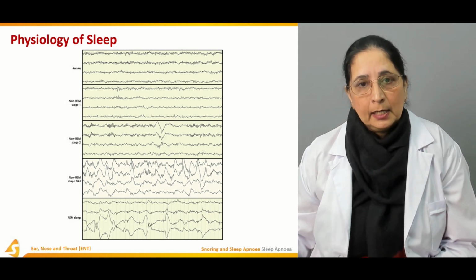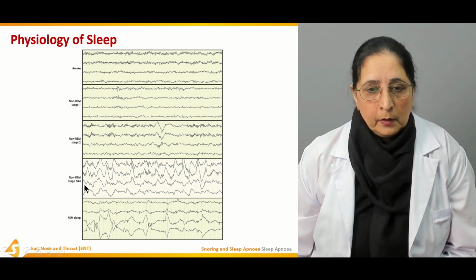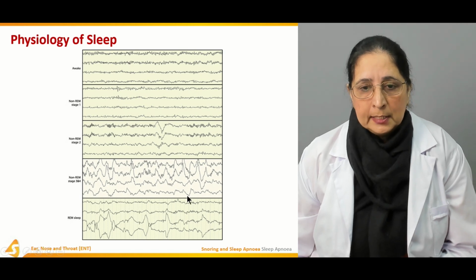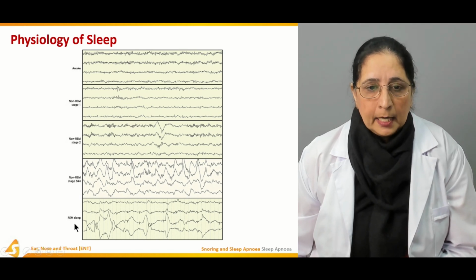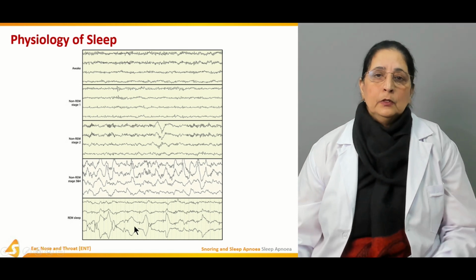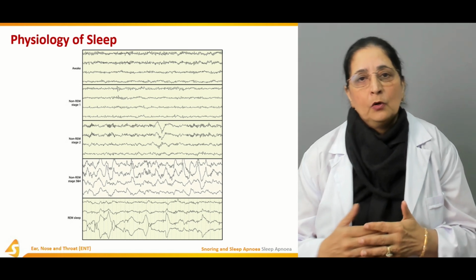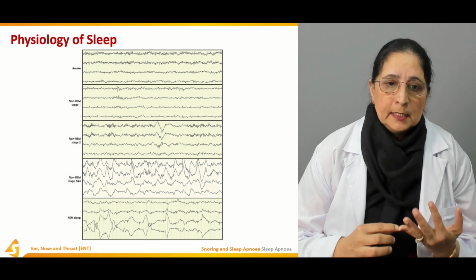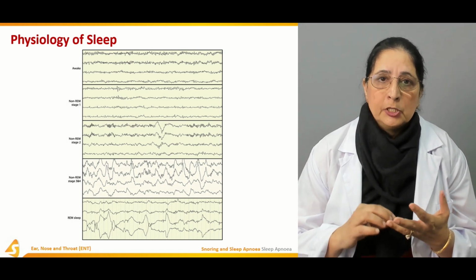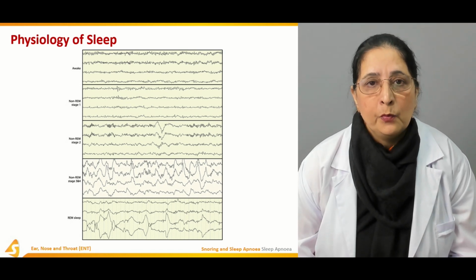The breathing is becoming deep, not shallow. Then we have stage 3 and 4, more deep, and then rapid eye movement sleep. So these are the stages or the physiology of the normal sleep: awake, then non-rapid eye movement stage 1, 2, 3, and 4, and then rapid eye movement sleep.